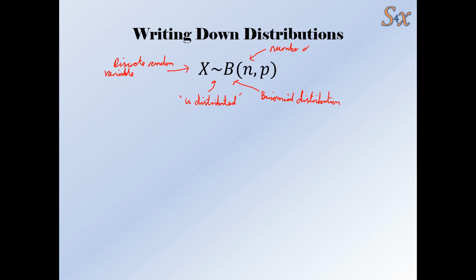So n is the number of trials, and that's the first number we write in the bracket, and p is the probability of success for each trial. So in our coin example, that would be 0.5. For our dice, that would be 1/6. So they're the two important things we have to add to the binomial distribution.